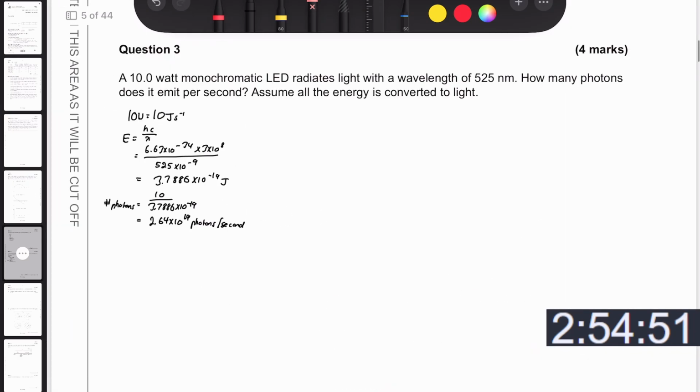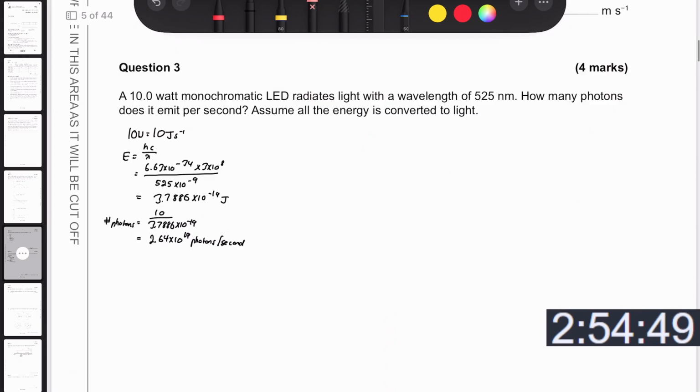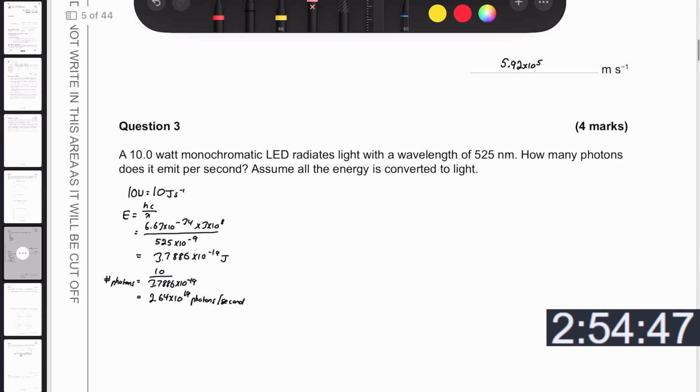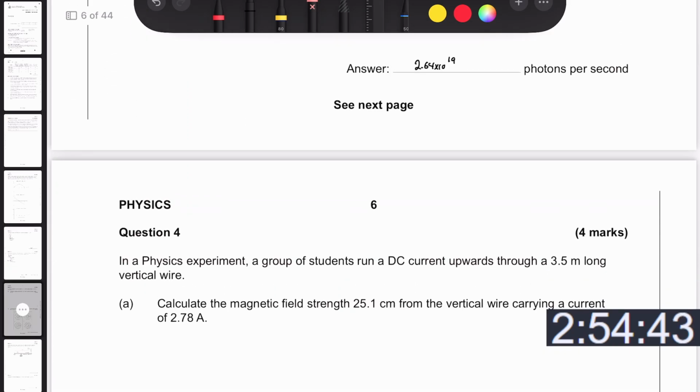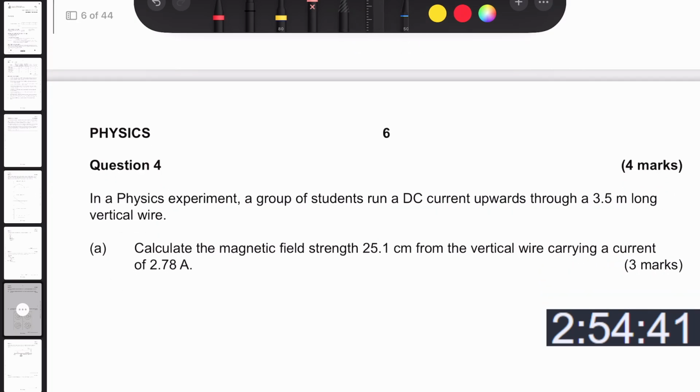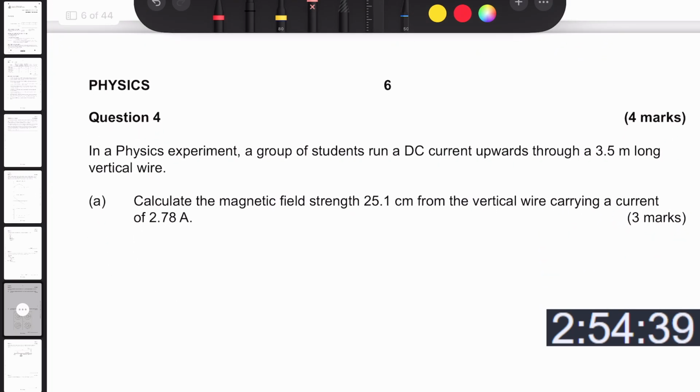Just make sure this wasn't like an estimate or something. So, in a physics experiment, a group of students run a DC motor current upwards along a 3.5 vertical wire. Calculate the magnetic field strength 25.1 centimeters from the vertical wire carrying a current of 2.78.